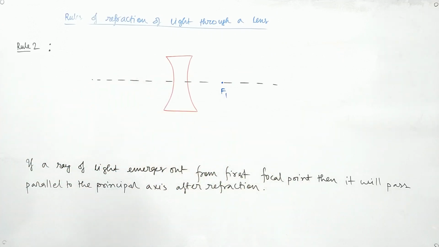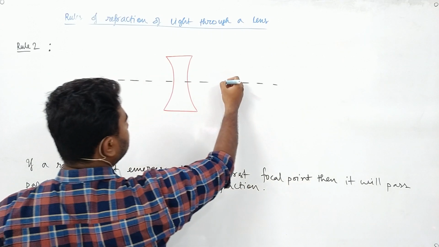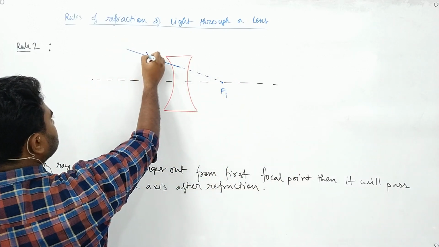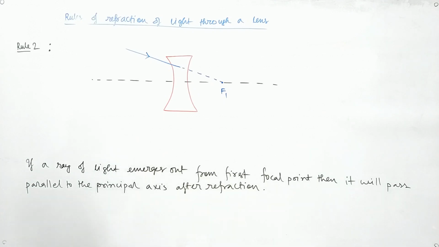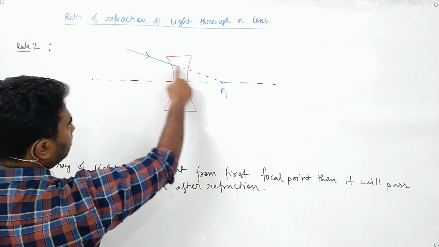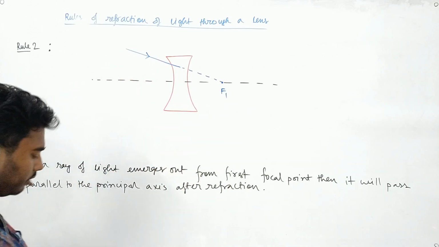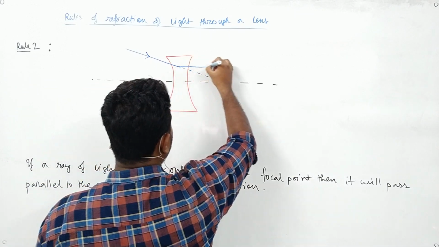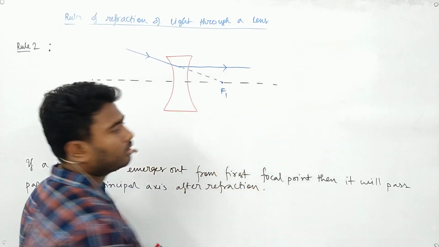Now suppose a ray of light is coming towards the first focal point. What is happening? A ray of light is coming towards the first focal point. Then after refraction, it will move out parallel to the principal axis.